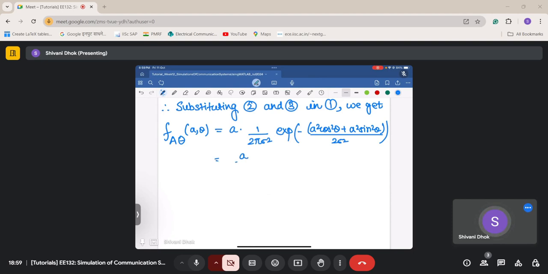So that is equal to A upon 2 pi sigma square e power minus A square by 2 sigma square. So this is the joint PDF of the angle and the magnitude.